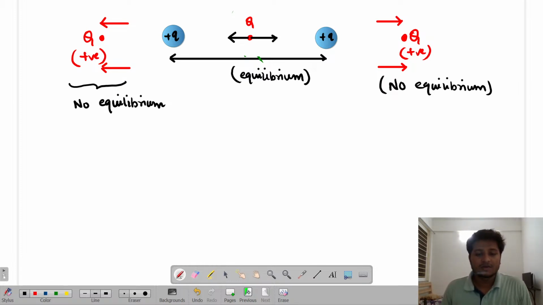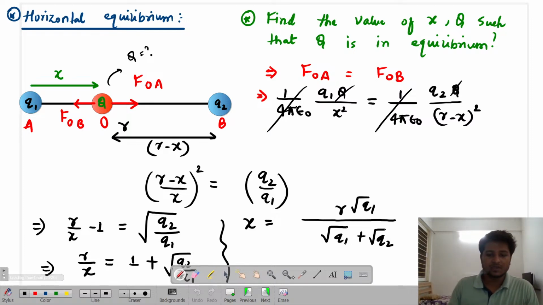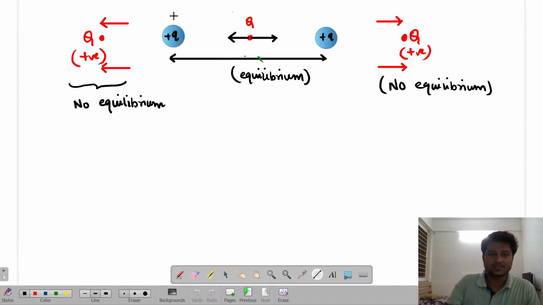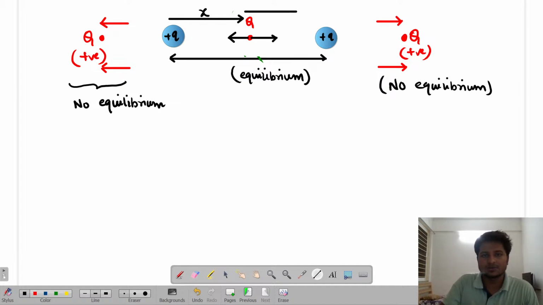That is why we calculated this distance. We considered that this is located at distance x from the first charge. Then this length used to be r minus x, because this distance was r. No problem, you can consider anywhere; you will get the same answer.